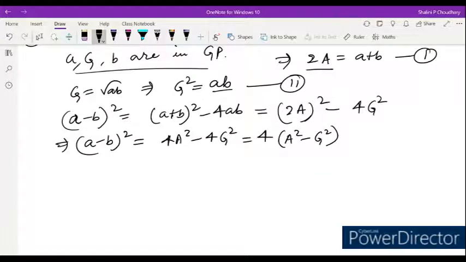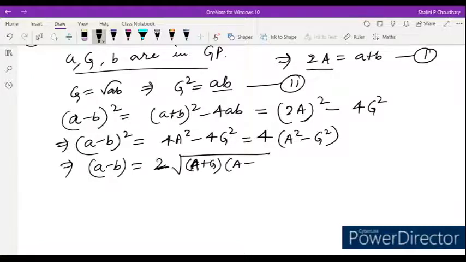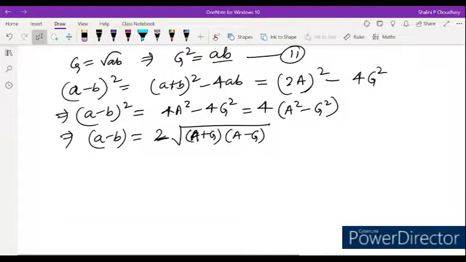It means the value of a minus b will be square root of 4, that is 2, and square root of A square minus G square. So we can write A square minus G square as (A plus G) into (A minus G), plus or minus.